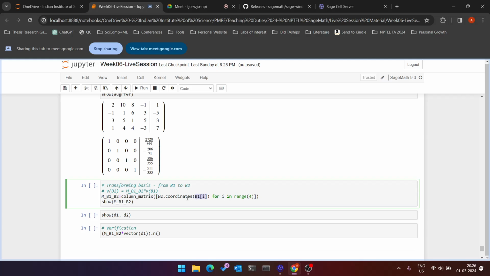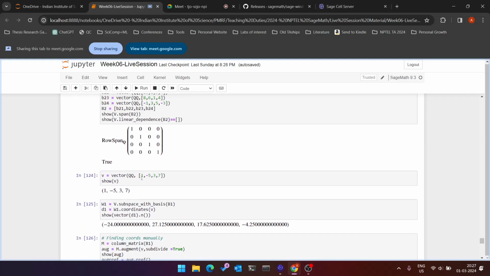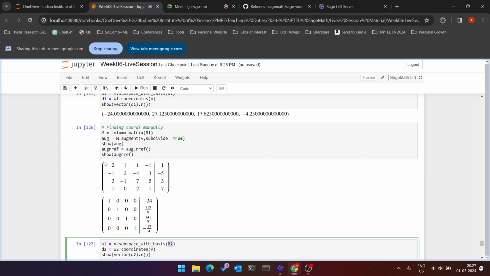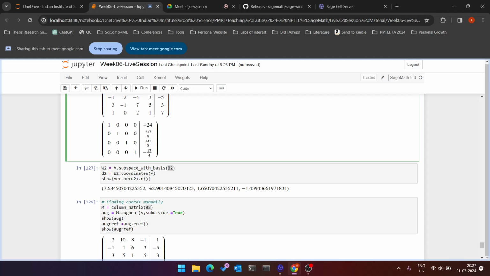All those four vectors are written in coordinate form of W2, which is nothing but the subspace defined for basis B2. So each of these four columns belong to basis B1, and now we calculate the coordinates of, say, the first column with respect to the basis B2. That will give us some four values like this, and so on and so forth.